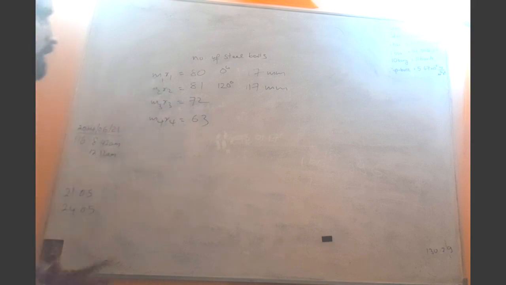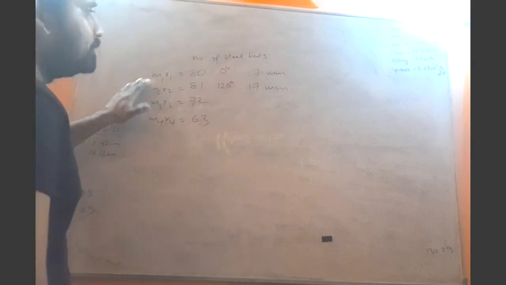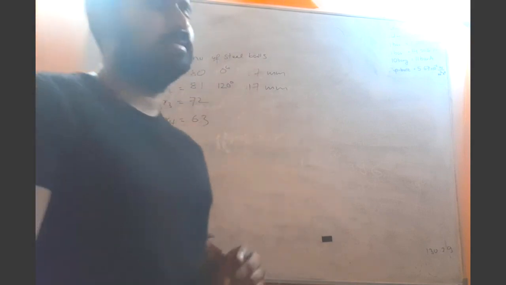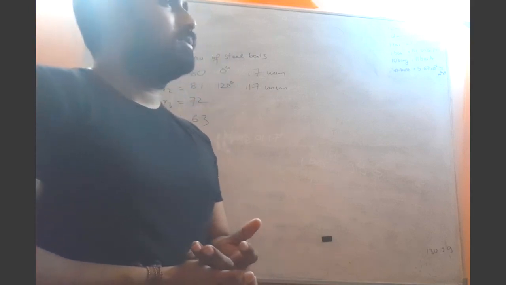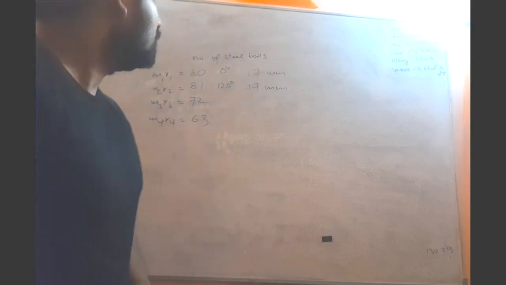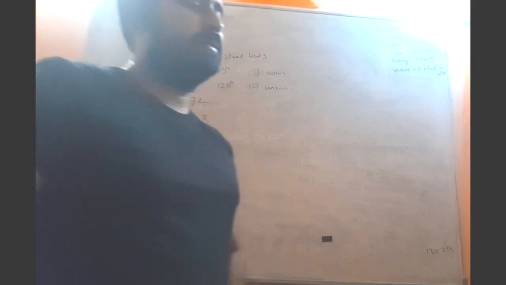Now the position of the plane of the first mass is 17 millimeters. This 17 millimeters is with respect to the equipment, because there is a scale built into that equipment.